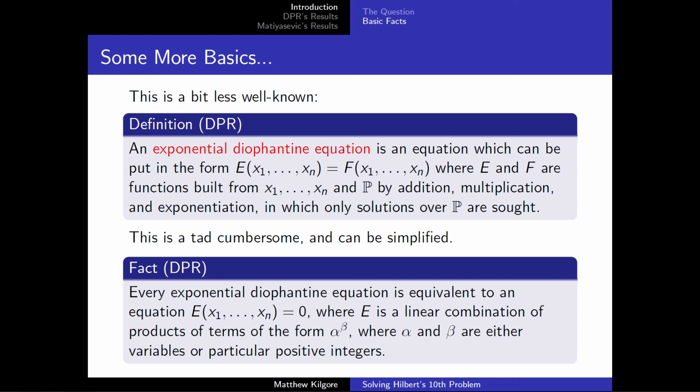Proving this is fairly straightforward. It relies on the fact that if you have a system of equations A_i equals B_i, then this is equivalent to a single equation: the sum of (A_i minus B_i) squared equals 0.